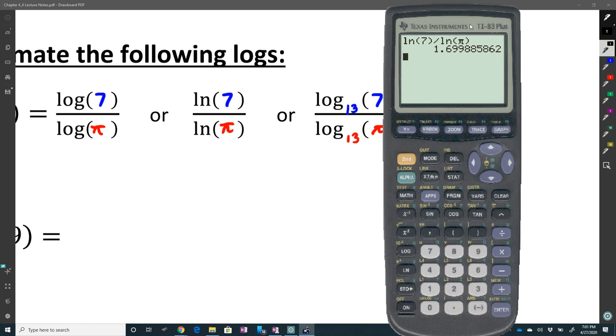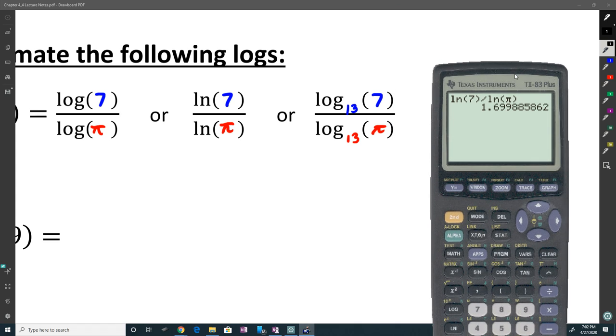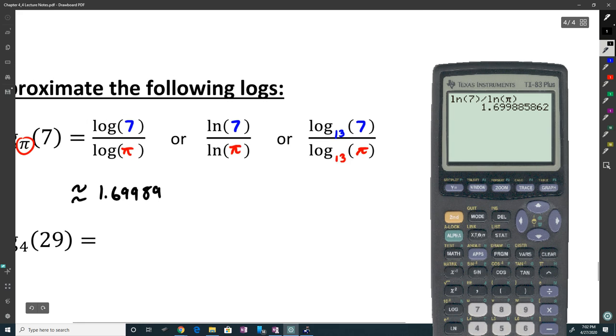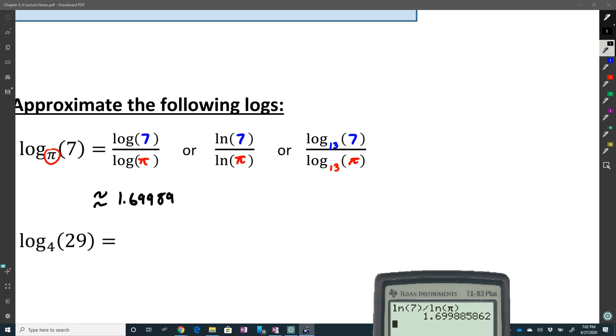So 1.69989. What this means, again, is that we answered the question, pi to the what equals 7.